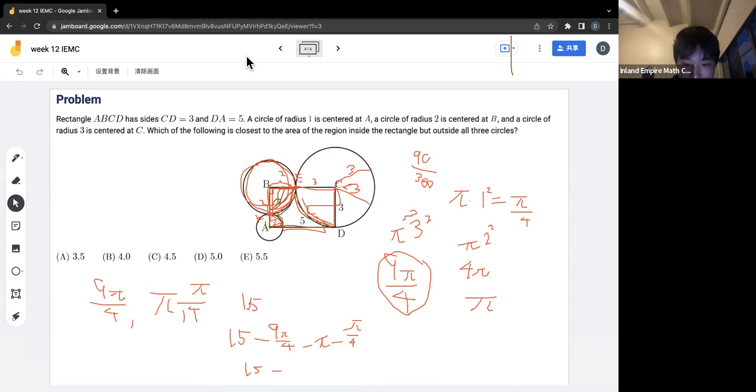And 2 pi minus, oh wait, sorry about that. Actually, that was wrong. 9 pi over 4 minus pi over 4, because we already know that's negative 9 pi over 4, then it gets turned into 10 pi over 4, because we are subtracting 9 pi over 4 and we're subtracting another pi. That gets turned into 10 pi over 4 minus pi, which in the end gets turned into 15 minus 14 pi over 4.